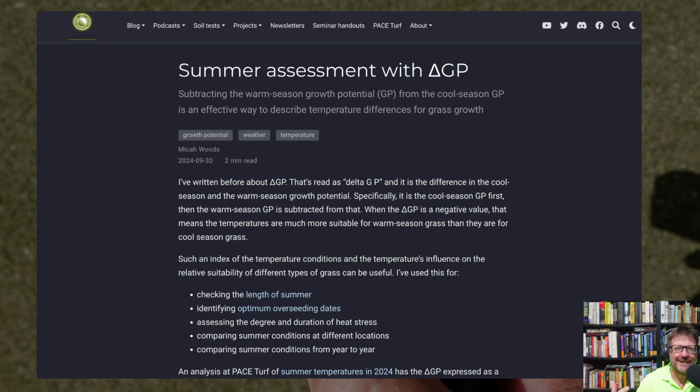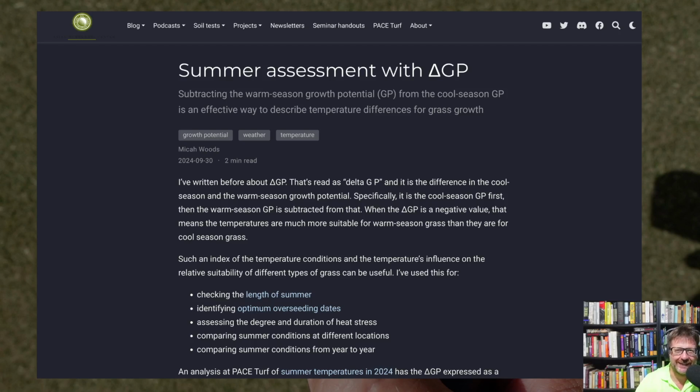The cool season growth potential is on a scale of 0 to 1 or 0 to 100%. So if you have a high cool season growth potential, that means the weather's pretty good for cool season grass. The temperature aspect of the weather is pretty good for cool season grass. For the warm season growth potential, it's on the same scale from 0 to 100%.